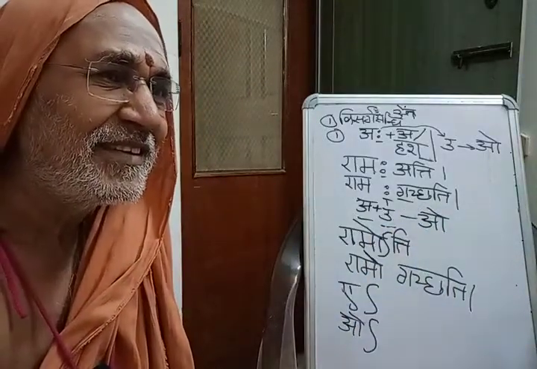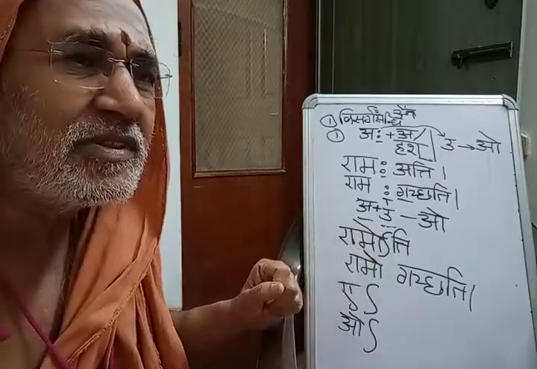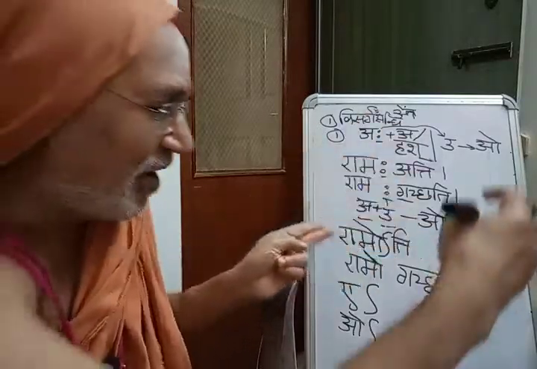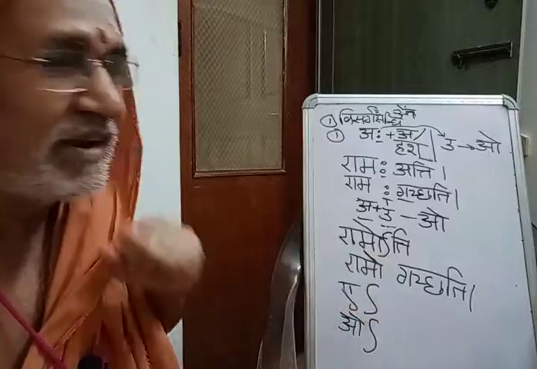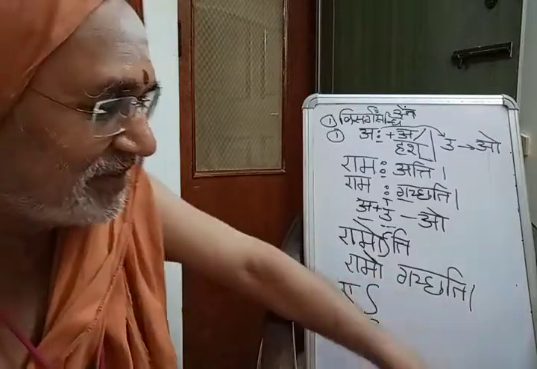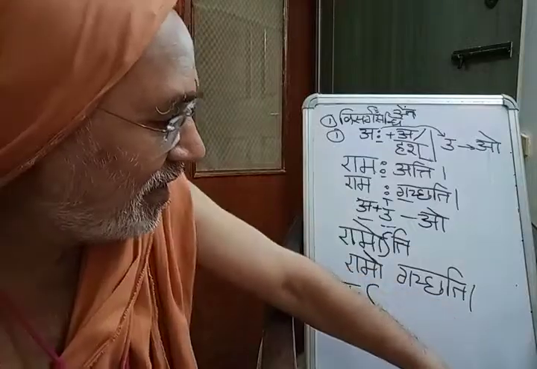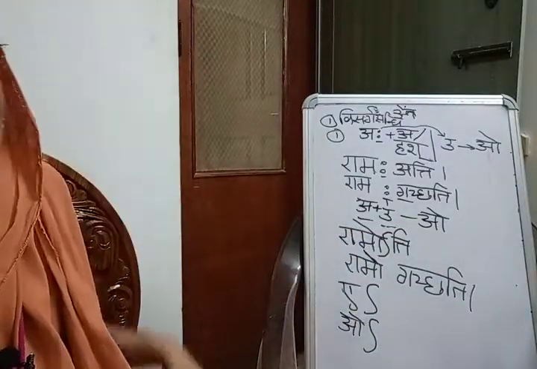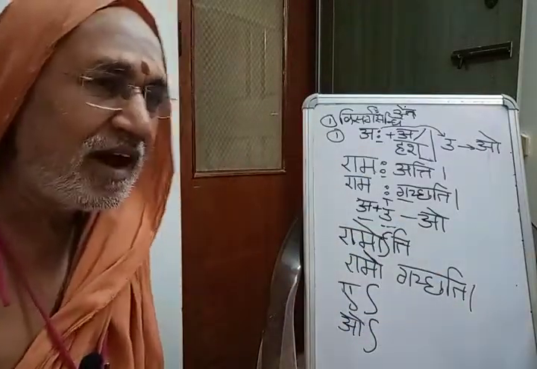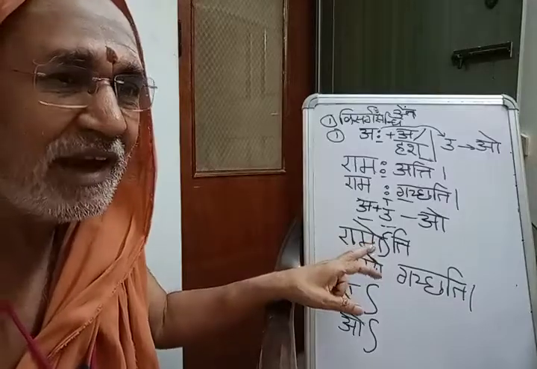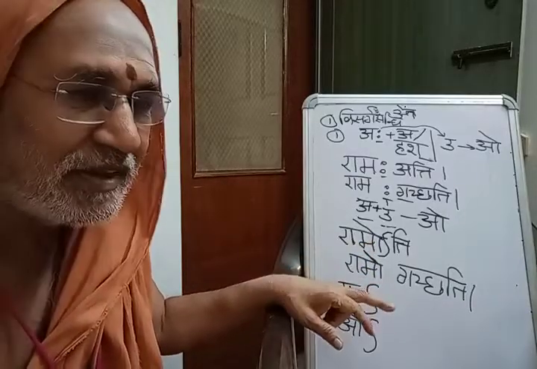Ramoti means Ramo Atti, where A is merged into it, so the avagraha mark is put there. You can note this down. Eng followed by short A: then what happens? The A merges into the previous A or O. It is there already in the book.